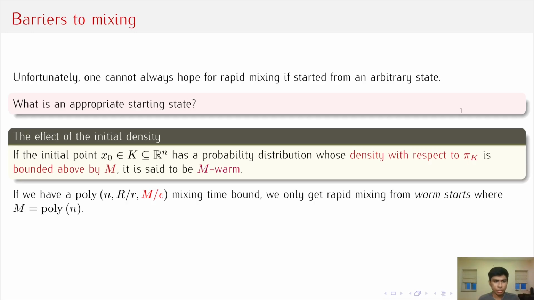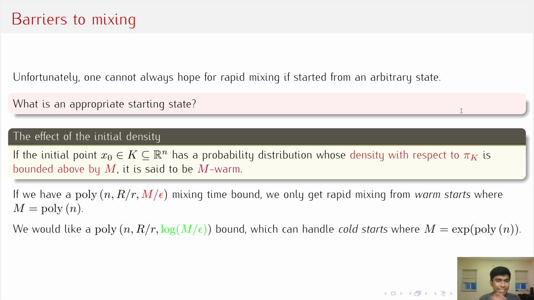First, suppose we have a mixing time bound that is polynomial in this warmness parameter M. Then we only get rapid mixing if M is polynomial in the dimension n. This setting where M is polynomial in n is called a warm start. And ideally, we would like to get a polynomial mixing time even in the setting where M is, say, e to the poly of n, which is called a cold start.